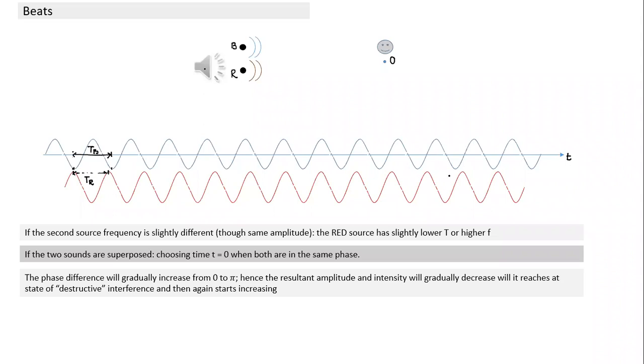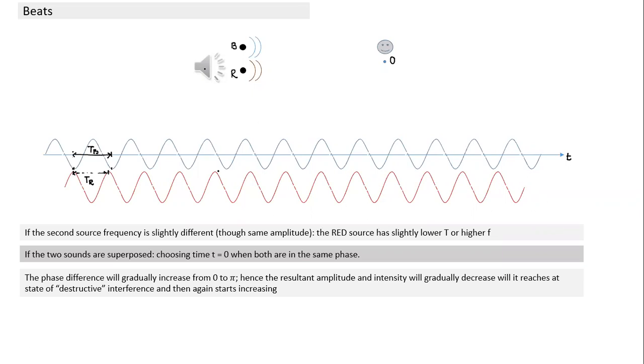I hope you understood how the oscillation wave shapes differ at point O. The two sources have a slight difference in frequency. Which has the higher frequency? Red. So in a given time interval, red will complete more oscillations, which you can see from the figure.